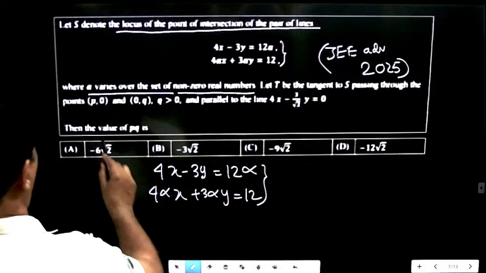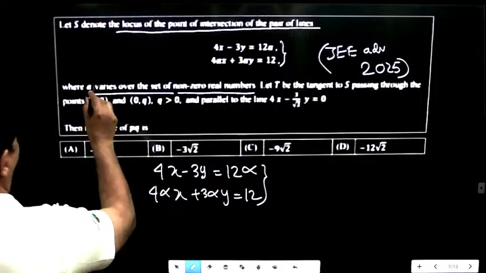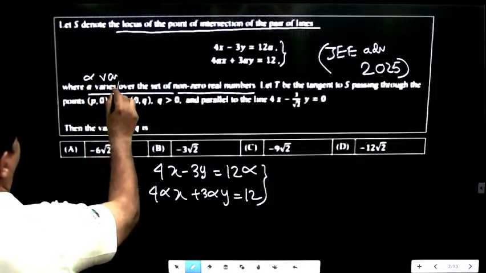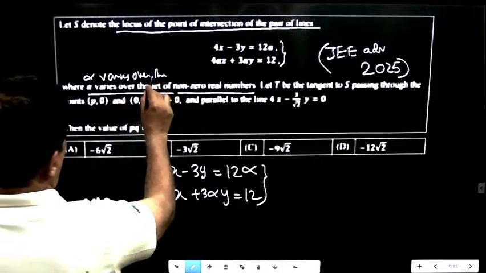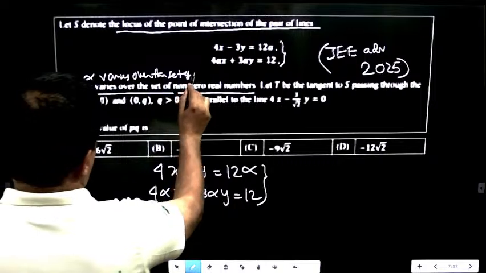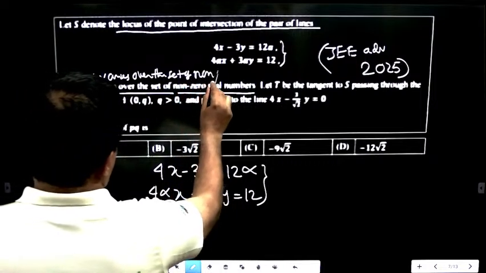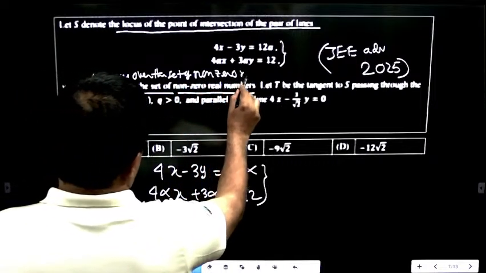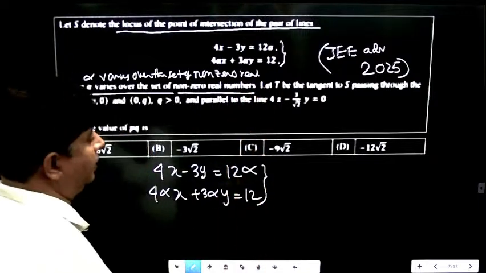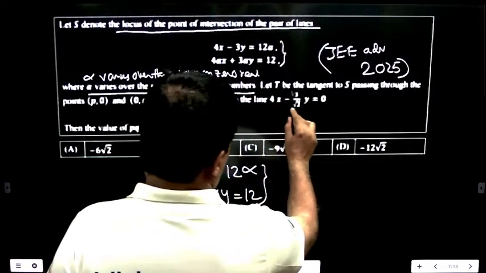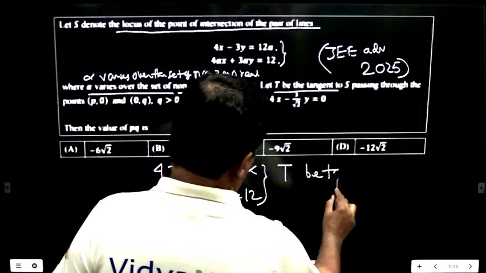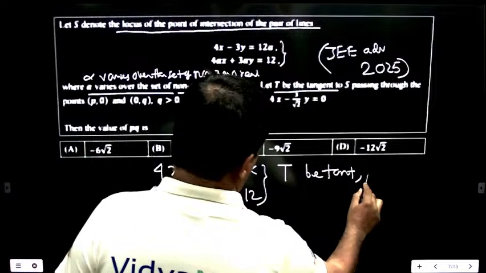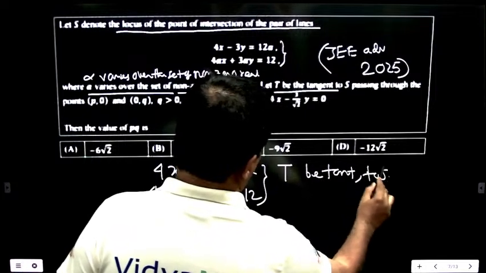Here alpha varies over the set of non-zero real numbers. T be the tangent to S.